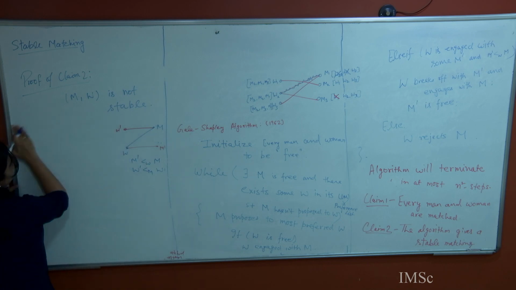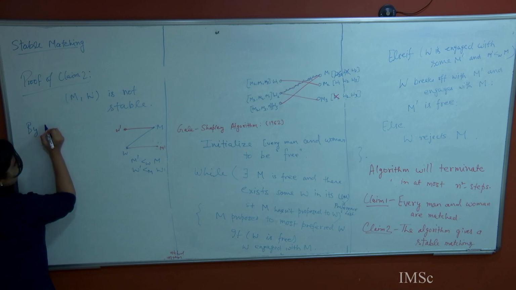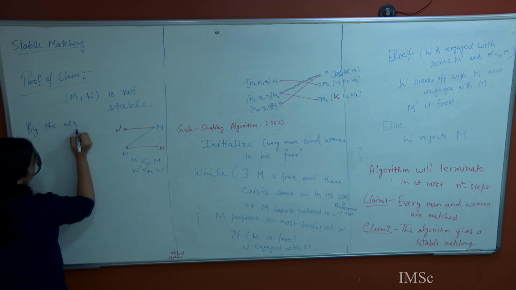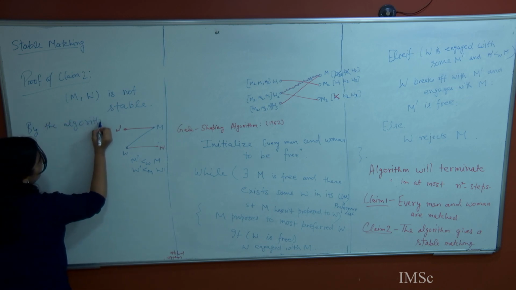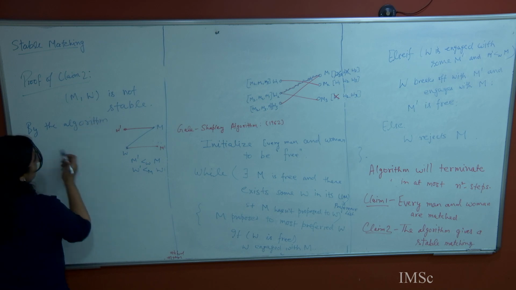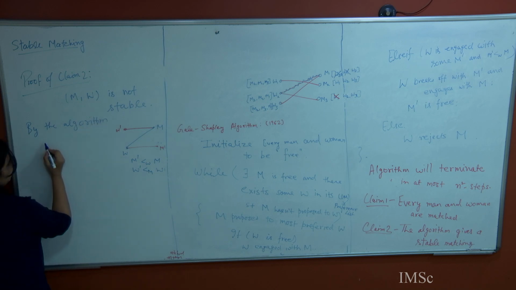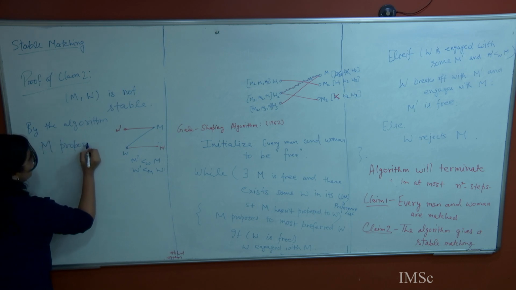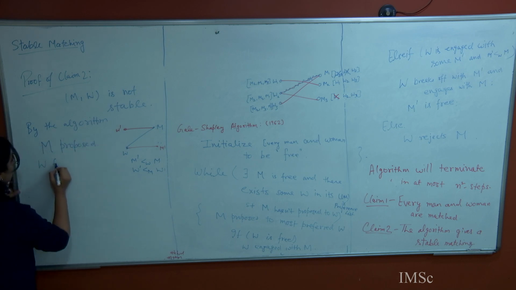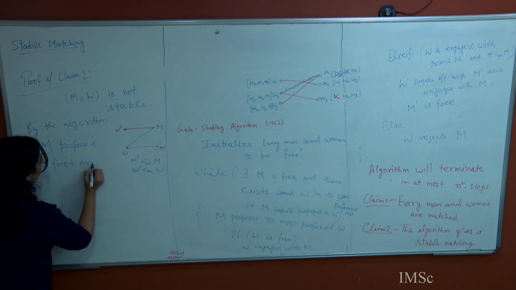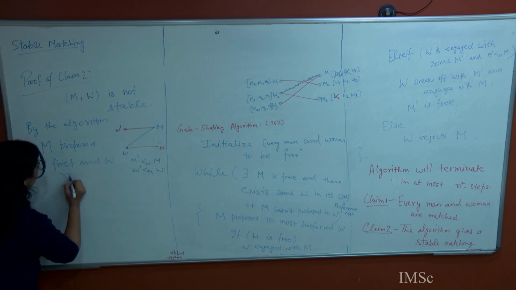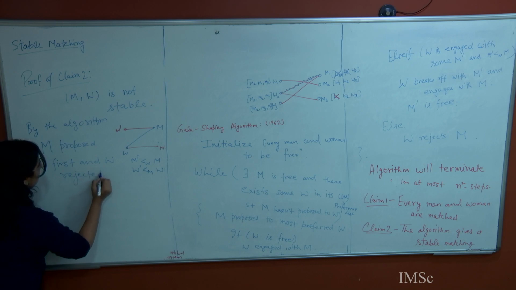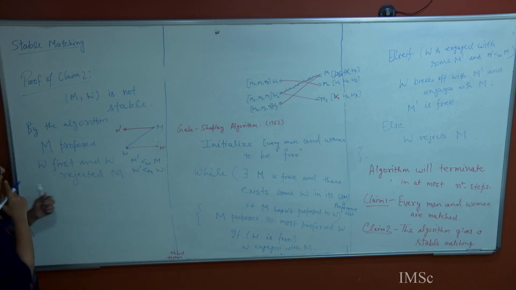So, by the algorithm we will say M proposed to W first and W rejected M. Okay, W rejected M.